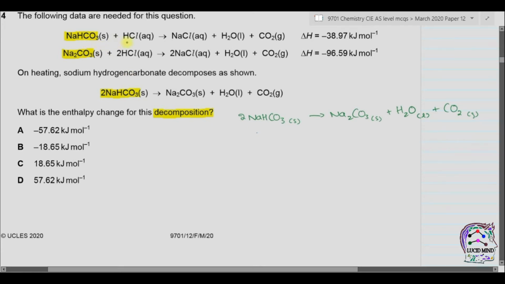Now NaHCO3 also reacts with HCl and forms sodium chloride along with water and carbon dioxide. Similarly, sodium carbonate also reacts with HCl and forms the same product. We just have to balance sodium. Now it is balanced.